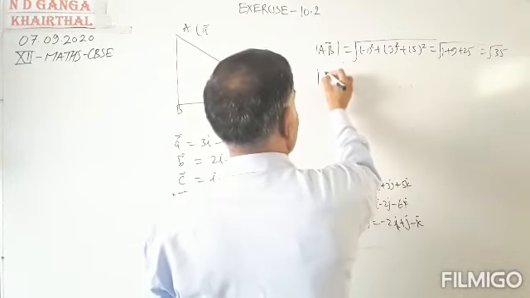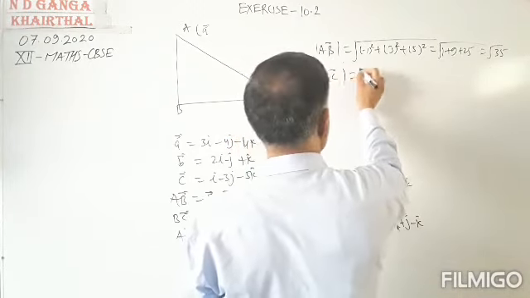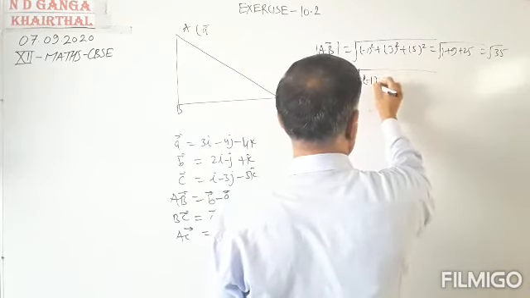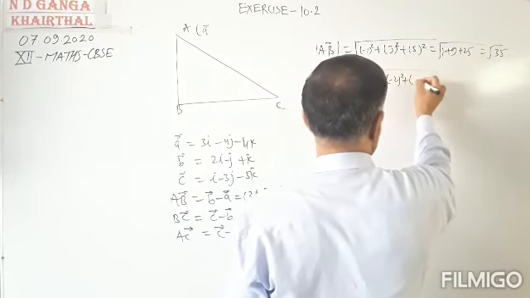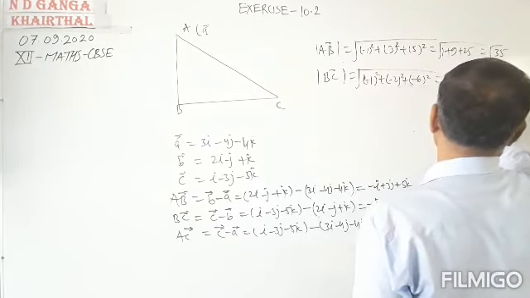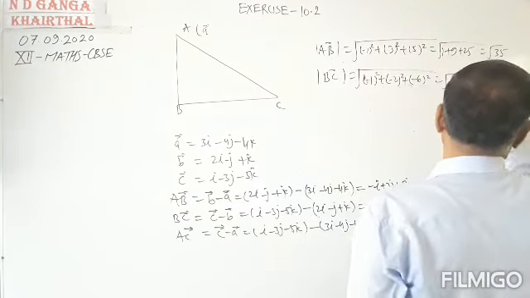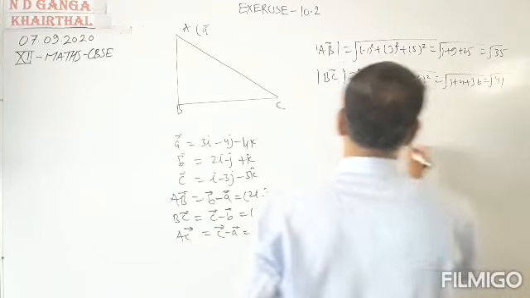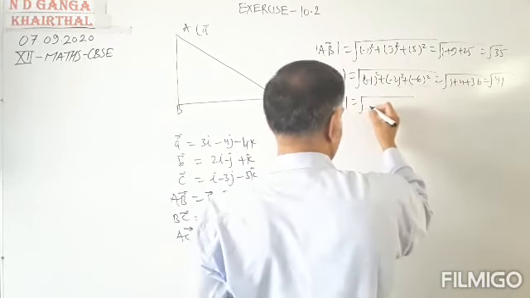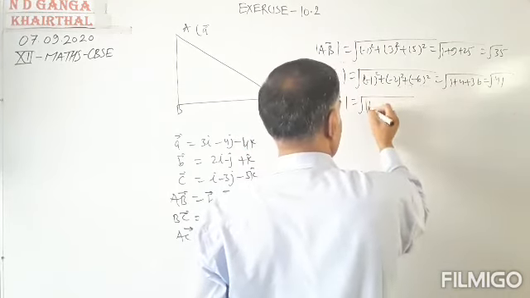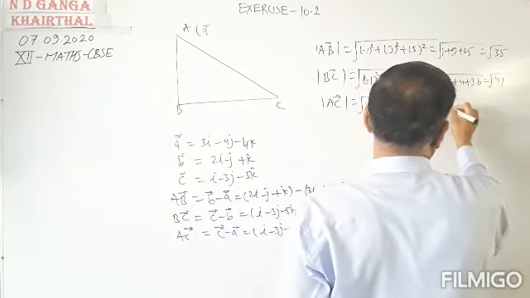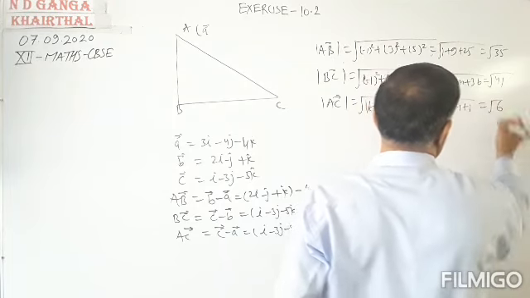Then the magnitude of BC vector is equal to minus 1 square plus minus 2 square plus minus 6 square, equals under root 1 plus 4 plus 36, that is under root 41. And lastly AC vector is equal to under root 2 square plus minus 1 square, equals under root 4 plus 1, that is under root 5.